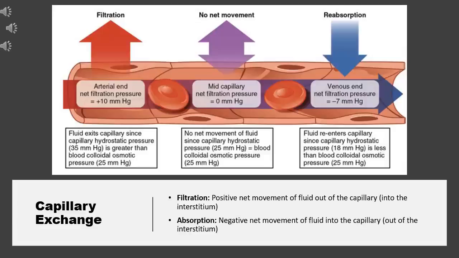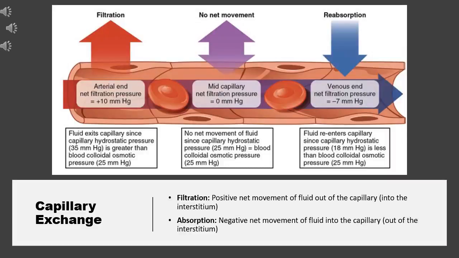The way I always think of it, these two are opposites. If you know that reabsorption is back into the blood, then filtration has to be into the interstitial space. When I was first learning it, I would always say "reabsorption into the blood," so that's the phrase you can't forget.